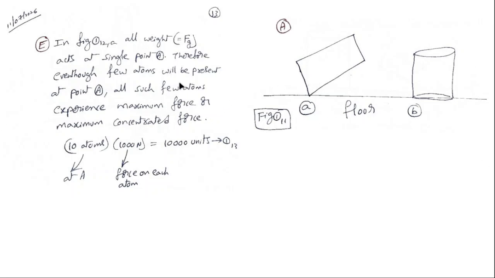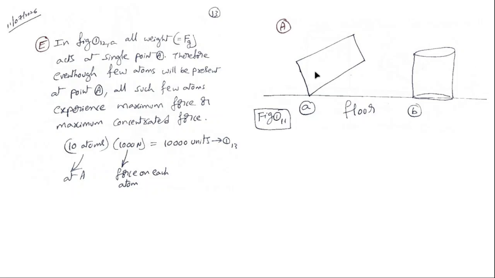In figure A, only a single point, a very small portion of the object, is making contact with the surface. Therefore, at this contact point, you will find only very few atoms. Say 10 atoms are making contact with the floor surface. But actually, the object's weight, meaning the gravitational force, is all acting on these few atoms.